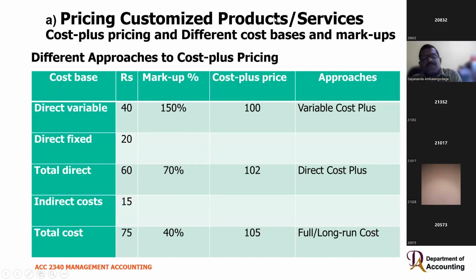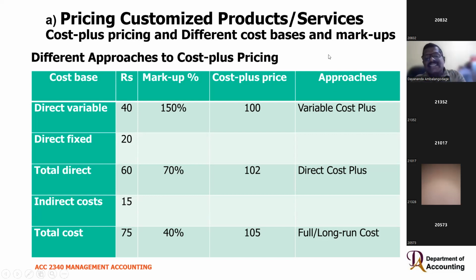Pricing customized product means you are producing a unique product, so there are no substitutes available, and you are a unique producer. Your product has already been differentiated from other products, so there is no comparable identical product in the market. You need to set the price.